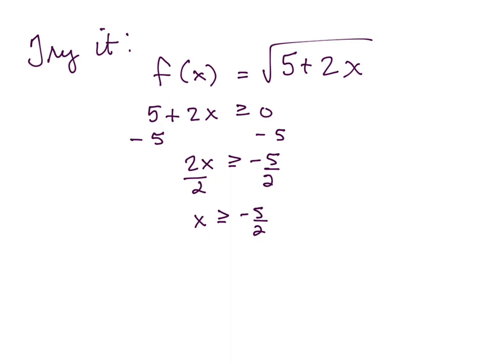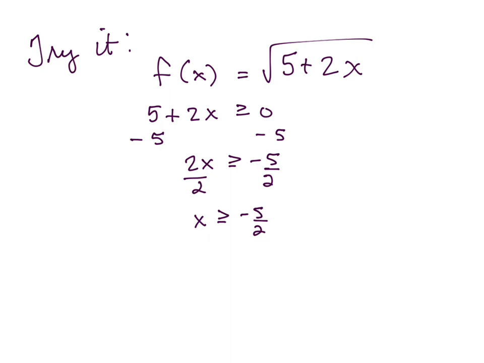As long as we are inputting something greater than or equal to negative 5 halves, life is good. Could I put in there negative 3? That breaks it. Negative 3 is less than negative 5 halves; that would be negative 6 halves, which is the other way. Could I put in there negative 1? Yes, that's greater than negative 5 halves.